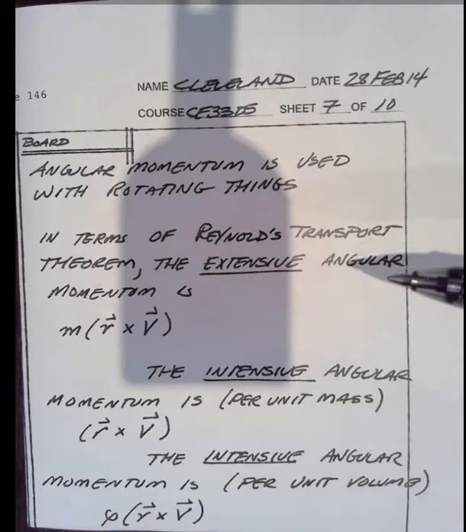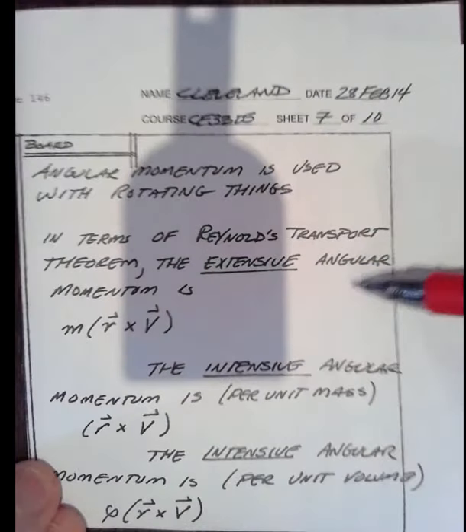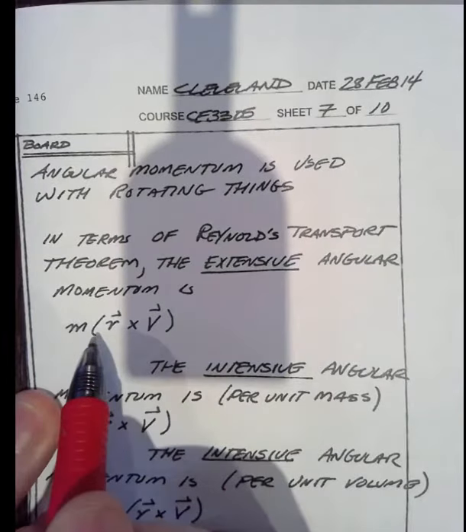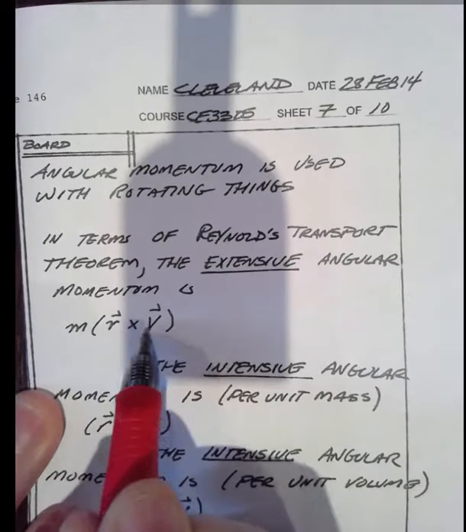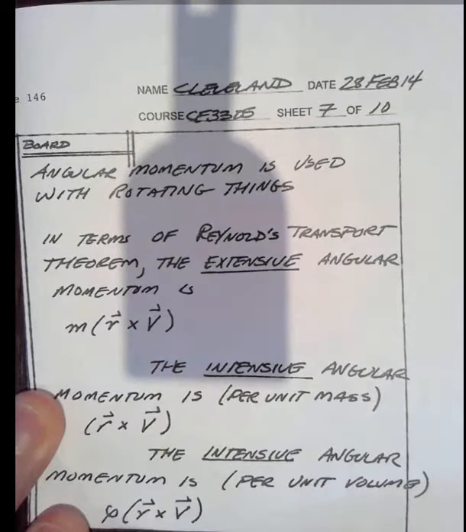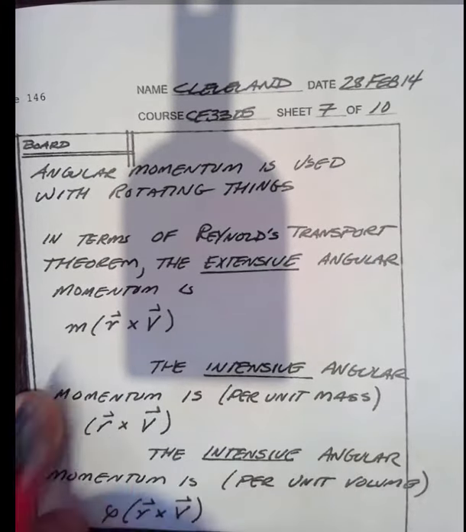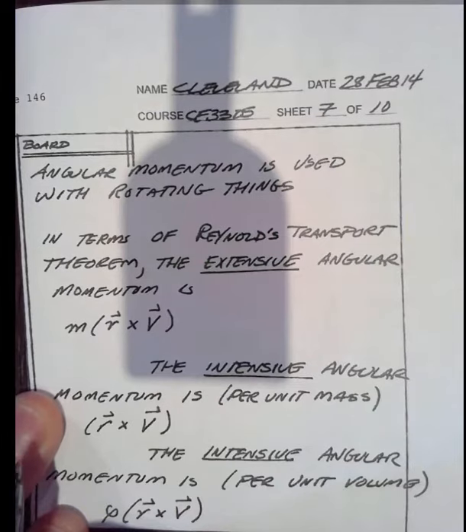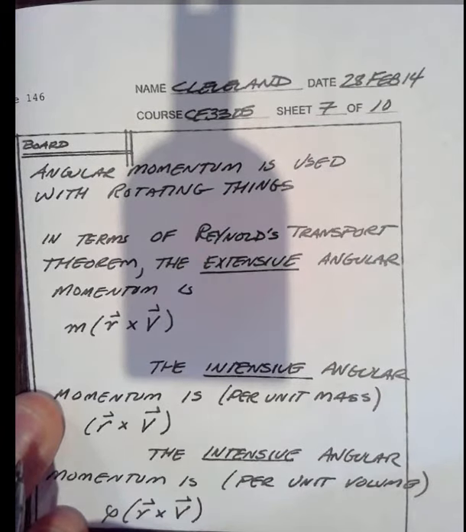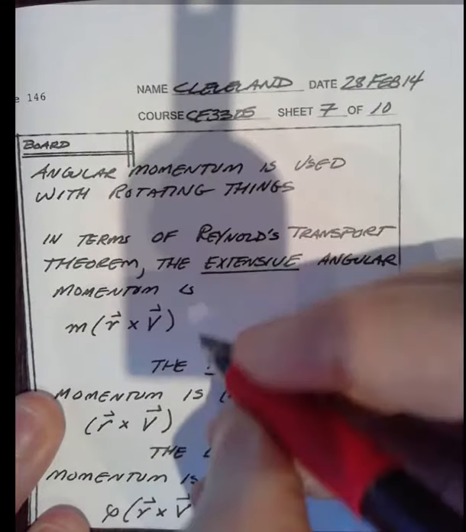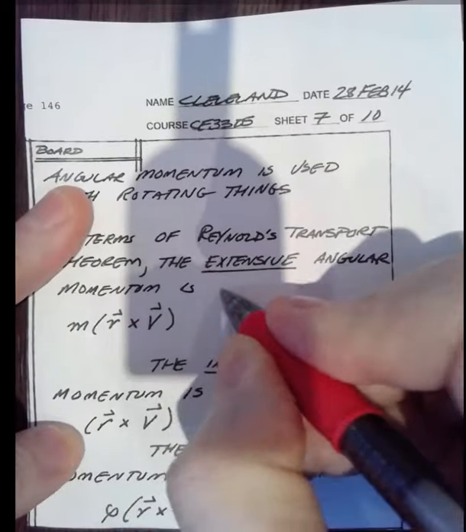In terms of the Reynolds transport theorem, the extensive property of angular momentum is mass multiplied by r cross v, where this is the vector product of the two vectors r and v. You remember back in your calculus classes how the cross product would have been in Cartesian.